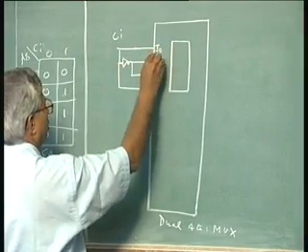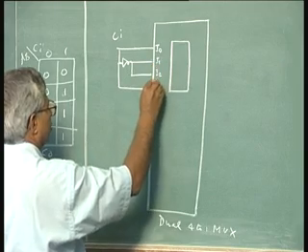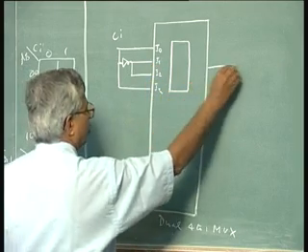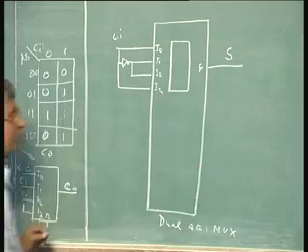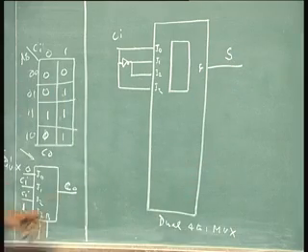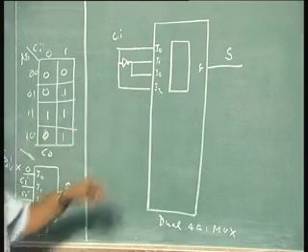This is I0, I1, I2, I3 corresponding to the first mux. Sum. This is 1 4 to 1 mux.